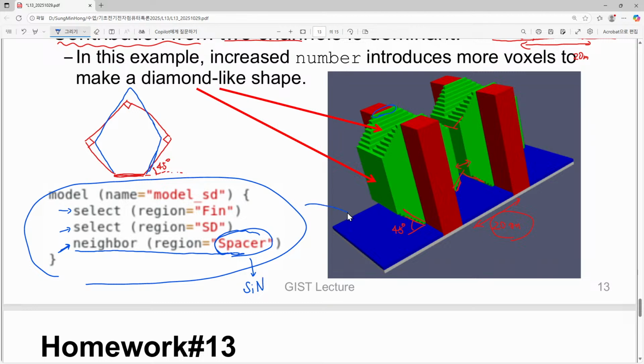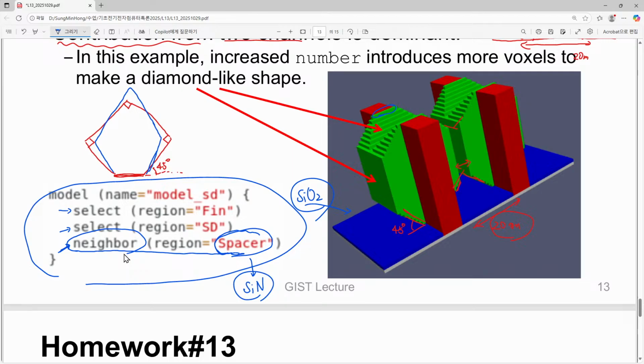Silicon dioxide, on the other hand, is very strict in its growth. So on top of silicon dioxide, it is almost impossible to have nucleation. However, on silicon nitride spacer material, we have a sufficient amount of nucleation. So that's the reason why I made this neighbor statement.